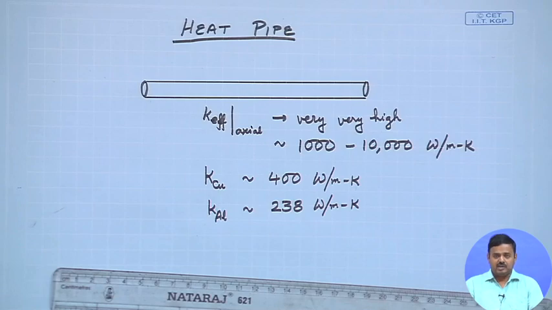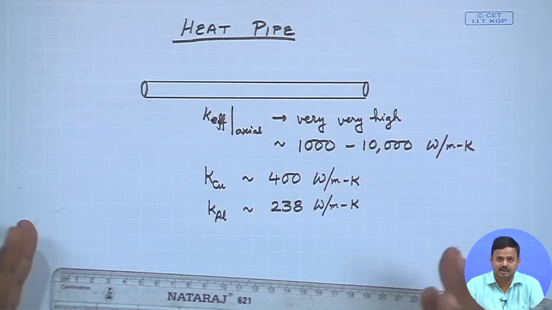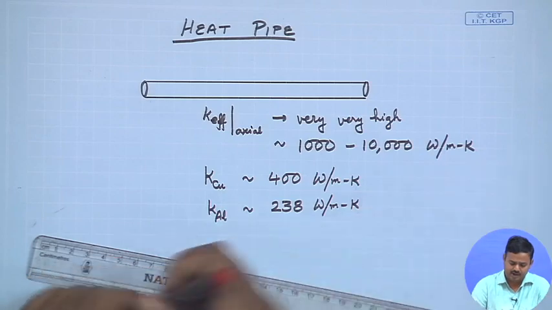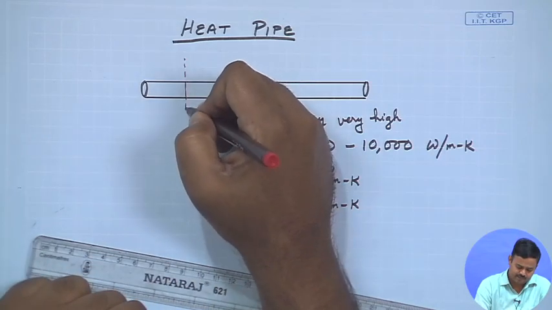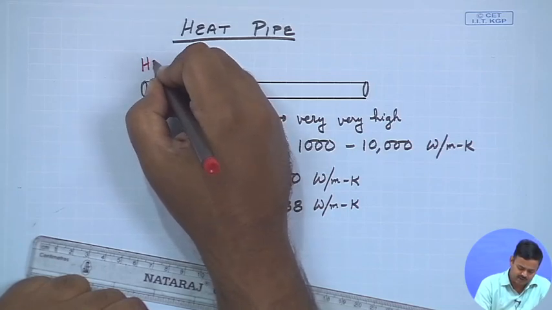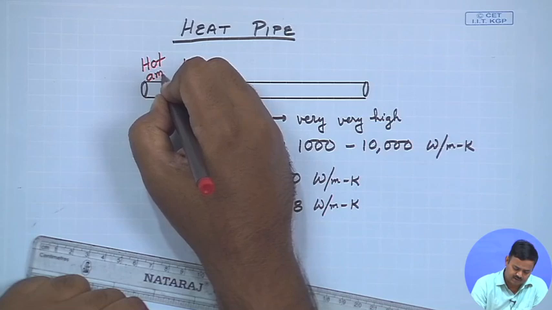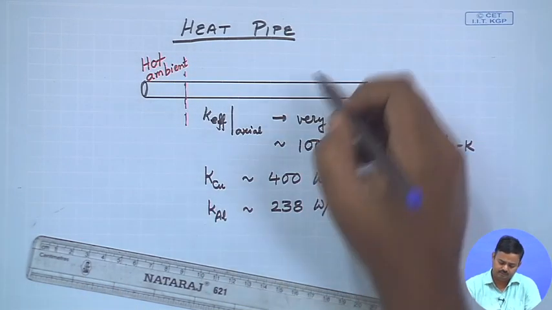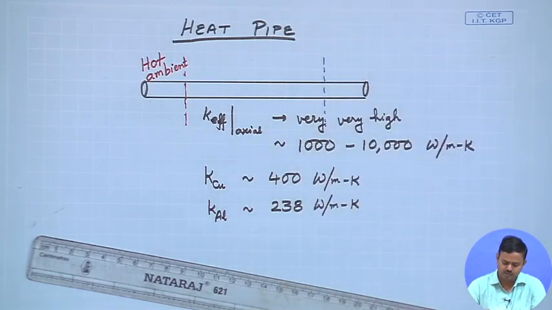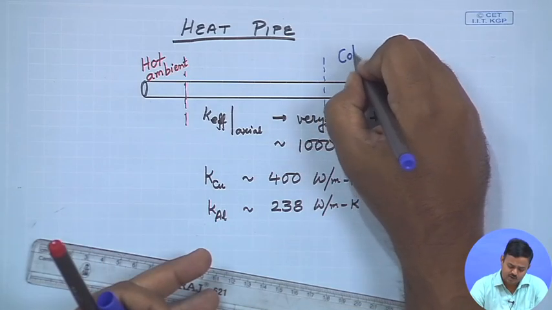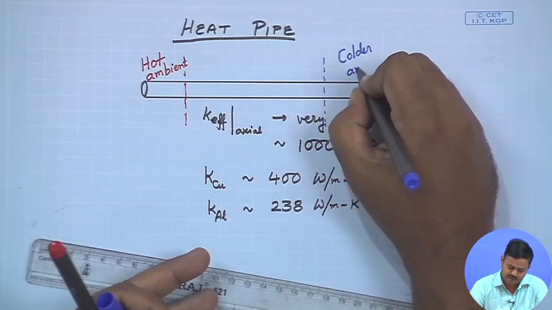What does it mean for us, or how can we make use of this very high thermal conductivity? So think about it. If this is my heat pipe and on one end I expose it to a heated ambient, so I will say hot ambient. On the other end I am using a blue color here, and this is a colder ambient.